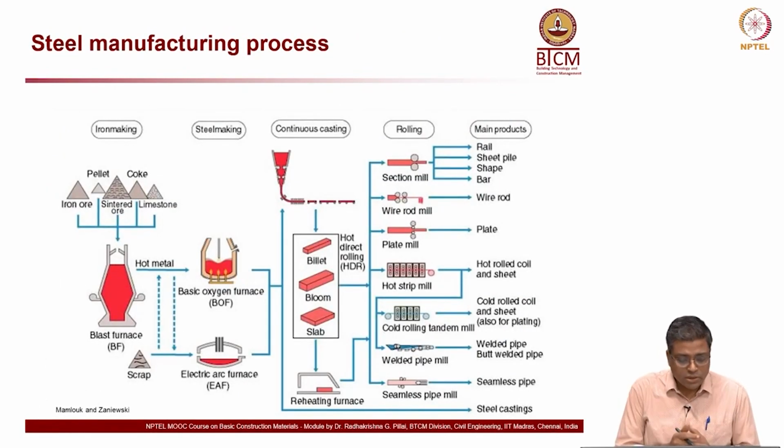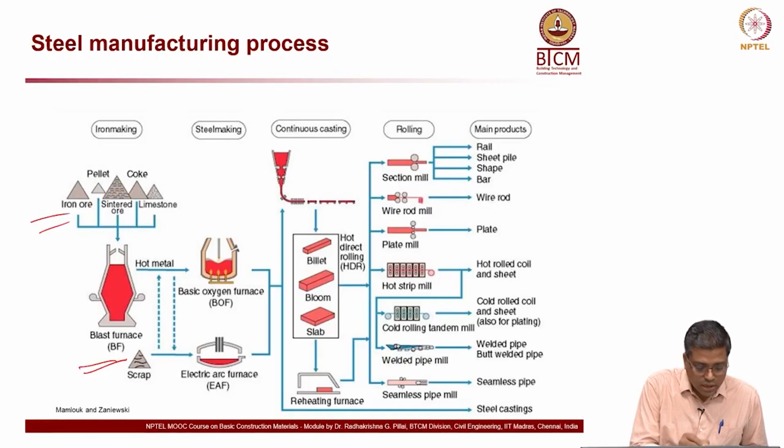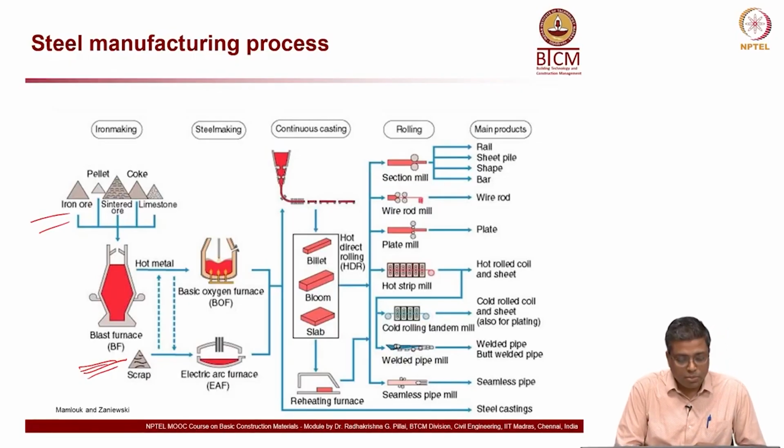Now, the steel manufacturing process, so just another sketch here. You can see here you have raw materials and then the blast furnace; the materials are put in the blast furnace, and then either an oxygen furnace or an electric arc furnace is used depending on the energy and the resources available.